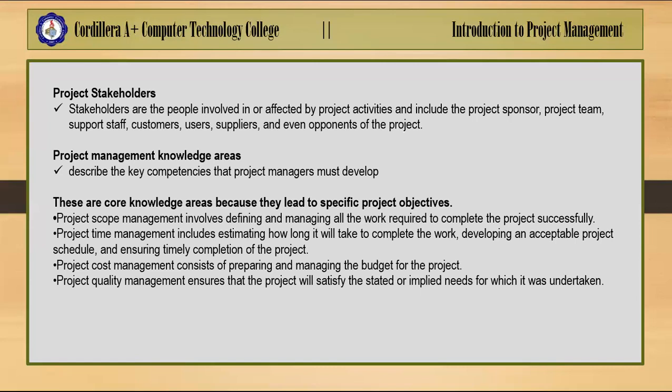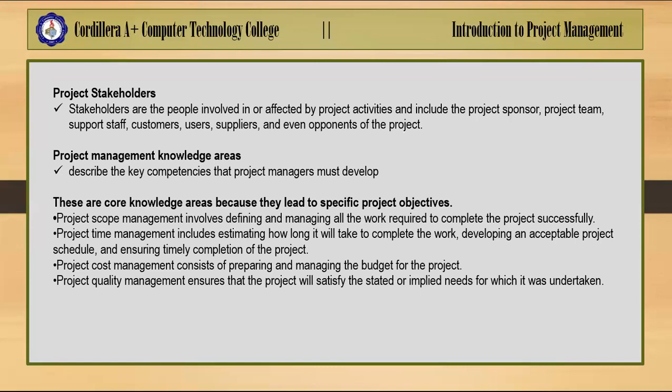Number one is project scope management, which involves defining and managing all the work required to complete the project successfully.